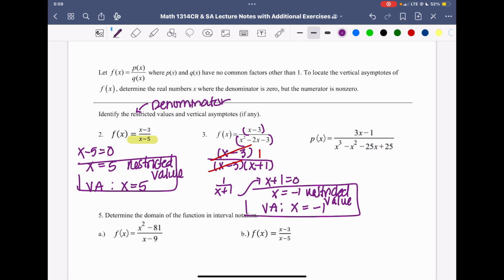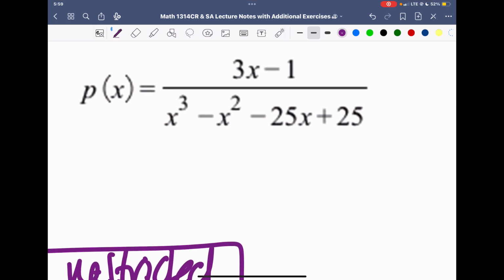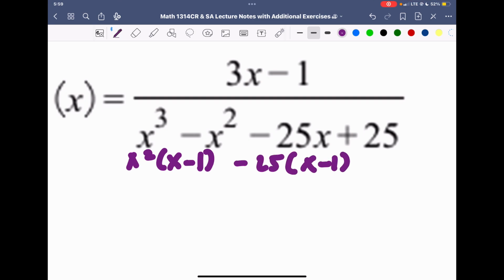Last one, we're going to factor the denominator. I'm going to factor by grouping. So this is going to be x squared times (x minus 1) minus 25 times (x minus 1) equals 0.